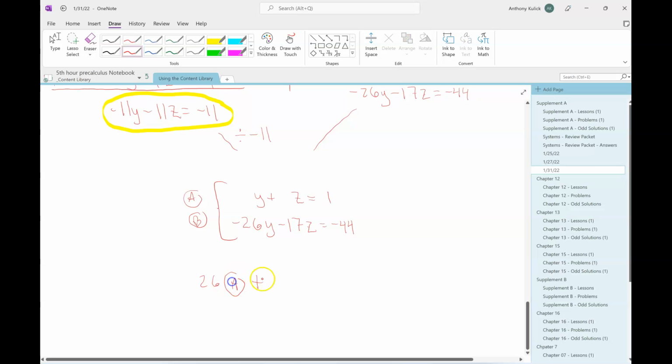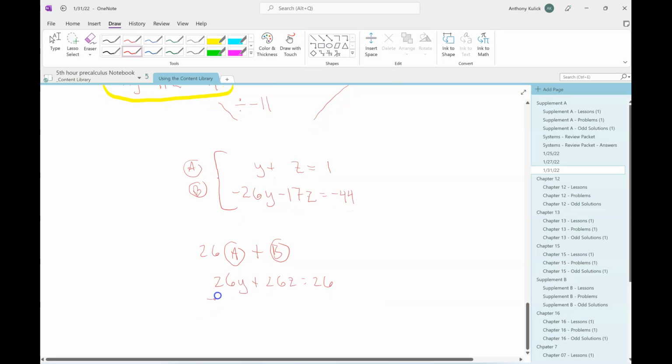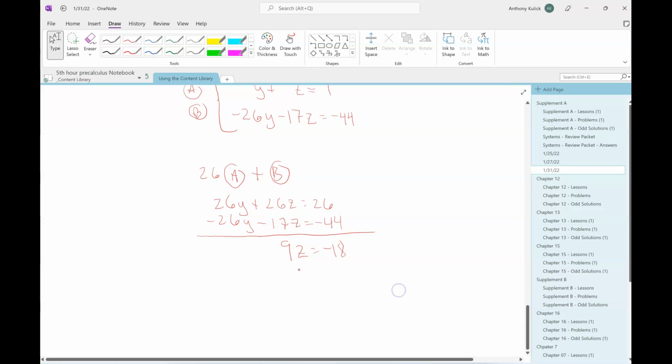So we'll do 26 times A plus B. You guys all okay there? So I get 9z is equal to negative 18, or z is negative 2.